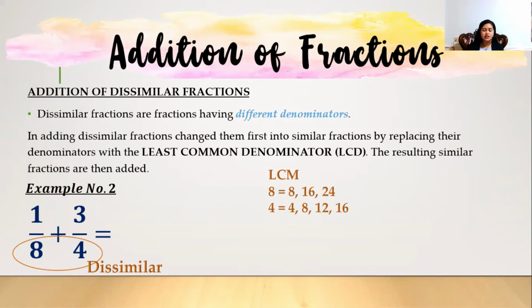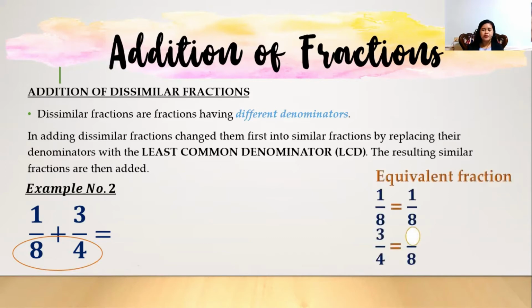And for the next denominator, which is 4, the multiples are 4, 8, 12, and 16. We need to consider the least, meaning the smallest value common to both numbers. For this example, 8 is the common multiple of both numbers. So 8 will now be our LCD for these two fractions.